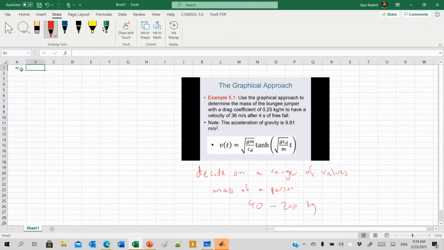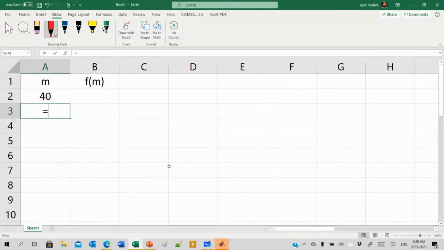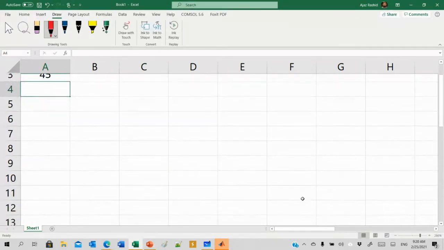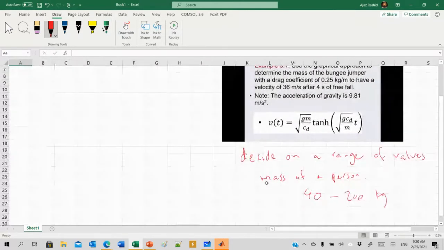So we'll plot here the mass and the function of mass. I have the mass, let's say start from 40. I take an increment value, 1 kg, 2 kg, whatever. Let's say 5 kg, so that I don't have to have so many values. And I need the equation now to put it here.